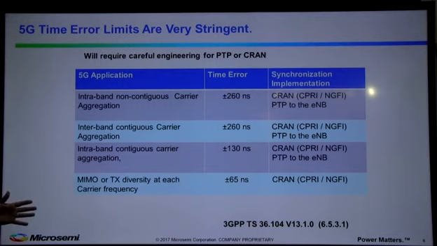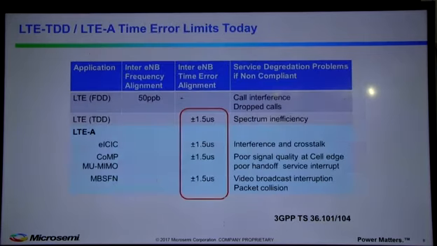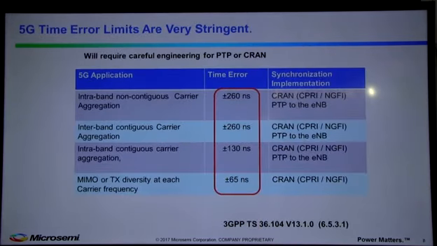And if you have massive MIMO between radio heads, you will have a very, very stringent plus or minus 65 nanoseconds requirement. So the requirements have got very different from LTE to 5G. I'm going to show you this again. 1.5 microseconds at the edge of the network between the radio heads. Anything from plus or minus 65 nanoseconds up to plus or minus 260 nanoseconds at the radio heads. This is a very, very different, much more difficult implementation.